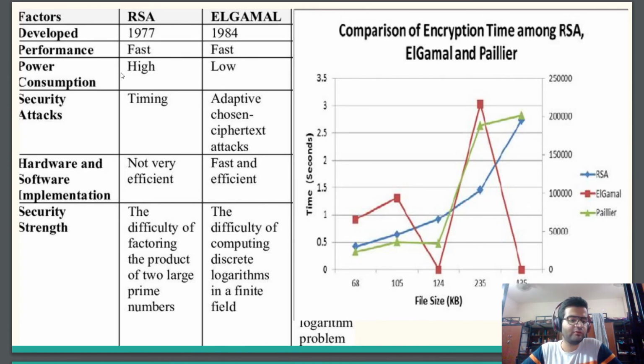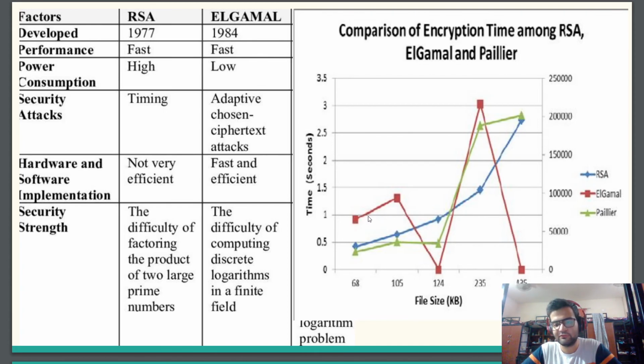If we talk about the security strength of both the algorithms, RSA depends on factoring the product of two large prime numbers, whereas ElGamal depends on the computing of logarithms. Even if we see this chart, we have RSA and ElGamal. As the file size increases, the time taken to process the encryption in RSA and ElGamal varies.